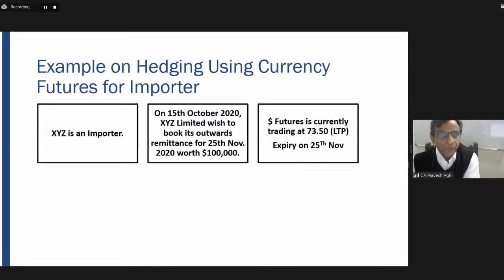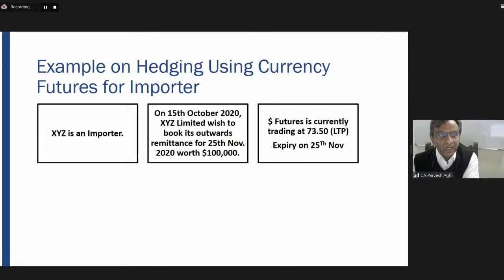Now, the dollar future is currently trading at 73.50. This is the November month. I told you there are 12 monthly contracts. Since you are going to make a payment in November, you go to the November contract in the stock exchange and look at what the dollar future is trading at.